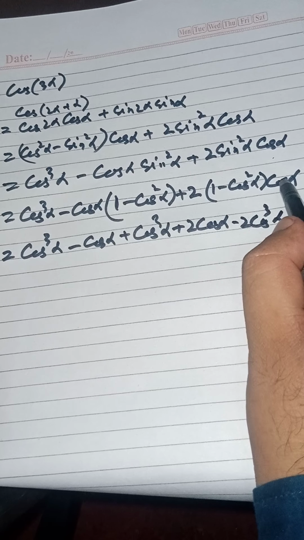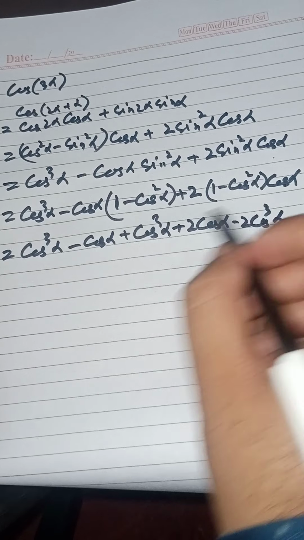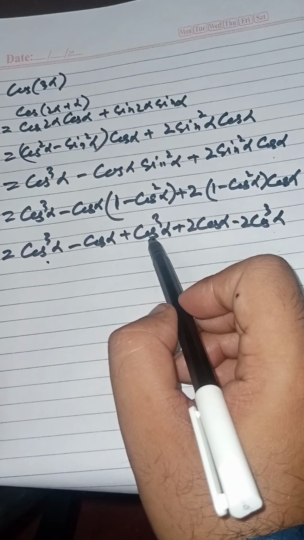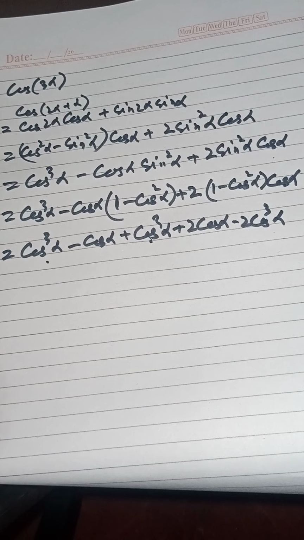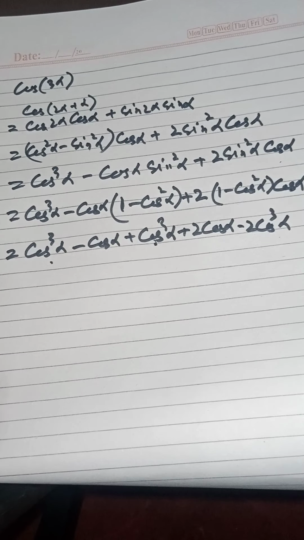Cos square with cos alpha is cos cube alpha.